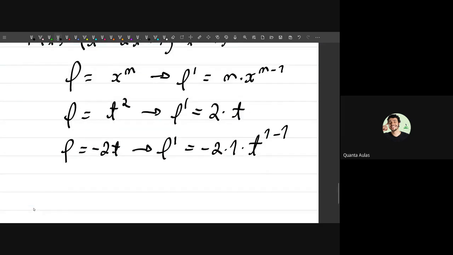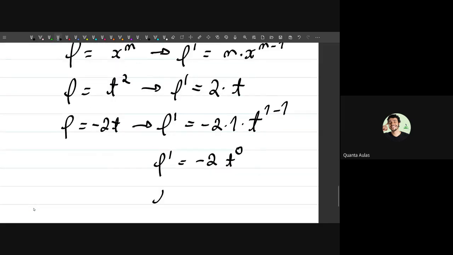This is a really special situation because minus 2 times 1 is minus 2. So now we have t to the power of 0, and you remember, anything to the power of 0 equals 1. So we have just minus 2 times 1, or minus 2. Do you understand?